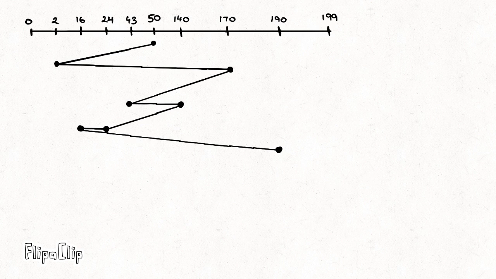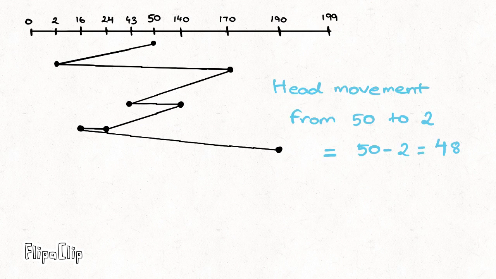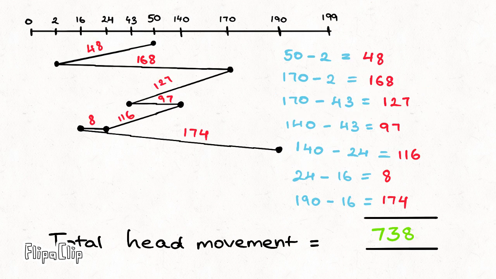For example, to find how much the head has moved from 50 to 2, we subtract 2 from 50, so we get 48. We find all of the movements similarly, and here is the total head movement of the given problem. That is how we solve first come first serve. The total head movement is the solution for the algorithm.